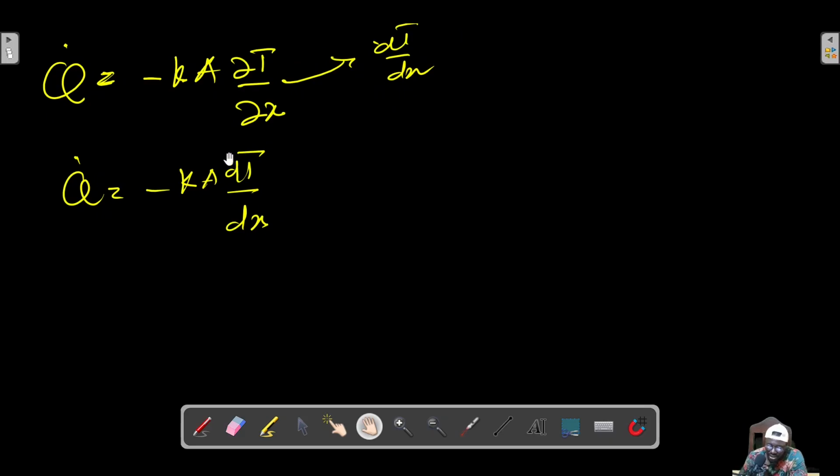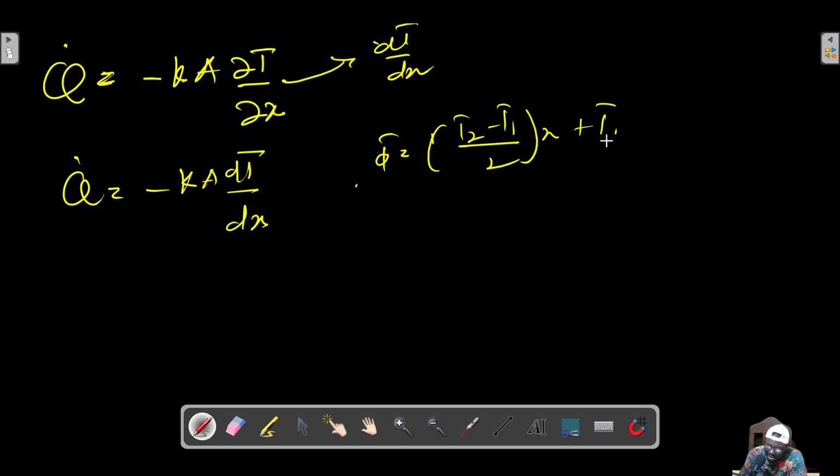I mean differentiate. I want to find dT dx from that particular equation. So dT dx will be T2 minus T1 on L plus 0.